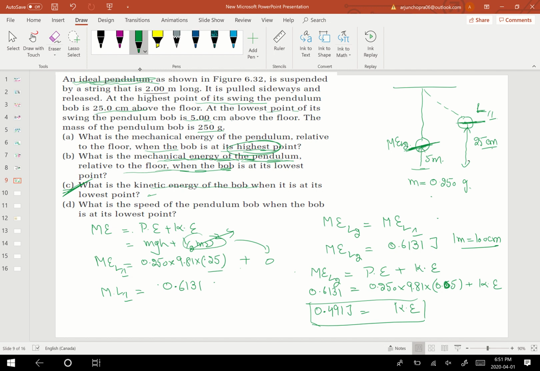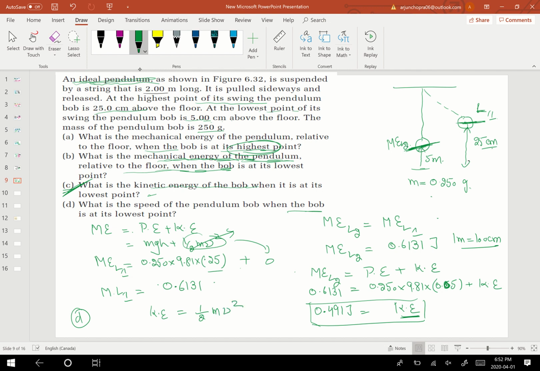Now what is the speed of the pendulum bob when the bob is at its lowest point? So for D, I want to find the speed. The kinetic energy at the lowest point is equal to half mv square.